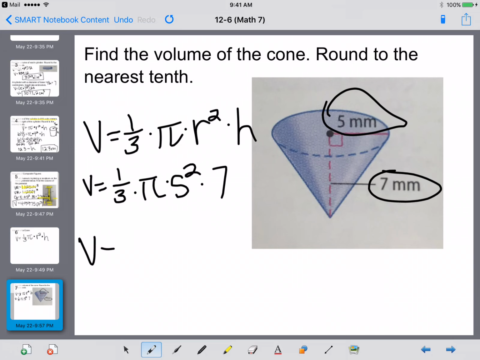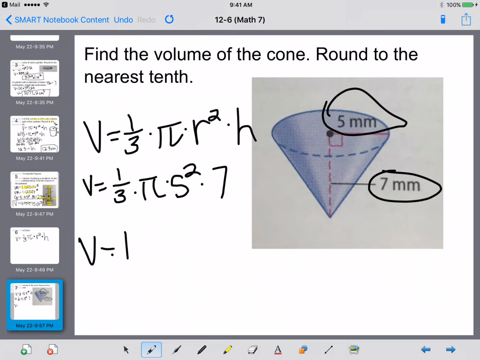And I'm just going to punch her in. I'm going to do my 1/3 last. So I'm going to do my 3.14 times 5 squared, which is 25, times 7. And remember, multiplying by 1/3 is the same thing as dividing by 3. So I'm just going to divide by 3.